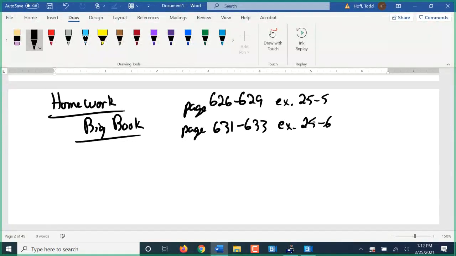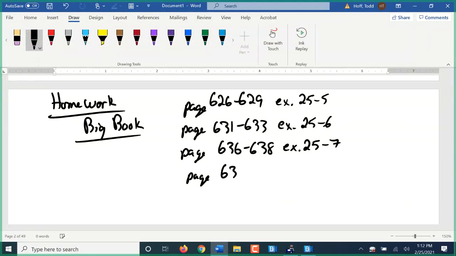Exercise 25-6. Page 636 through 638. Exercise 25-7. And page 643, 647, exercise 25-9.